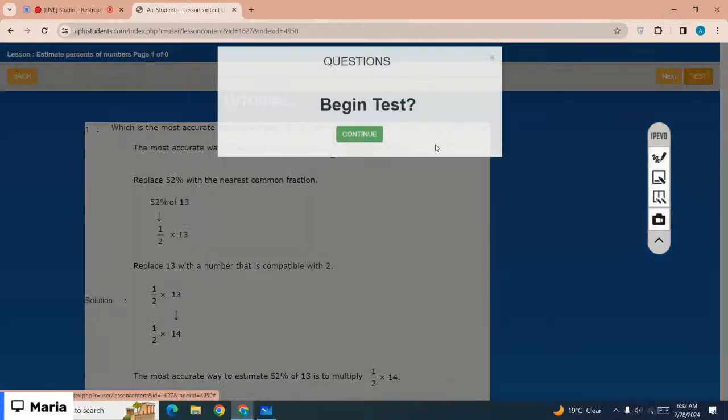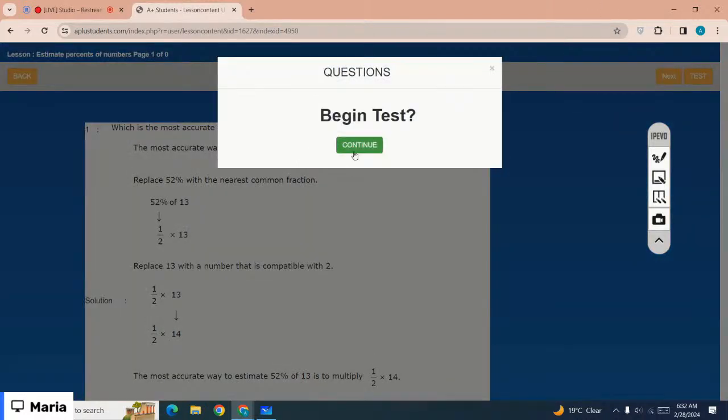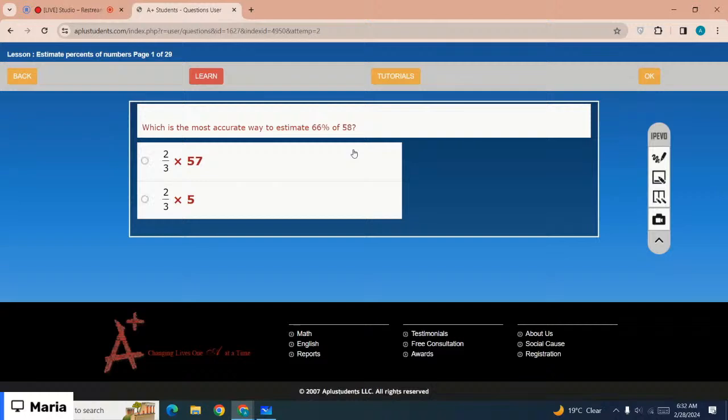Let's just start with the practice questions. You can have a look at the ones that are already solved later today, right? Okay, what is the most accurate way to estimate 66% of 58? So which is the correct option, option 1 or option 2? Basically you have to estimate, right?